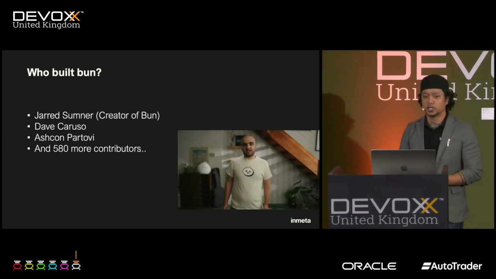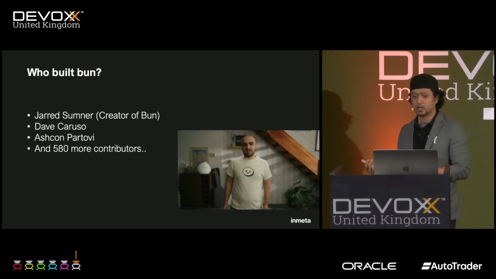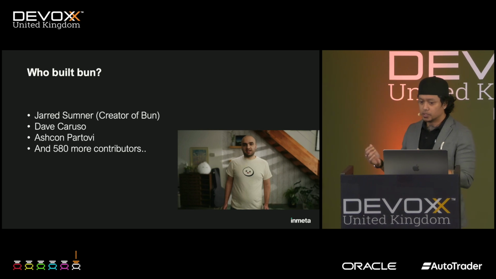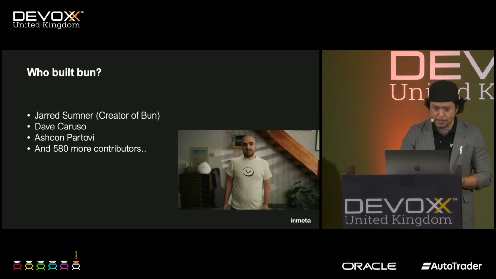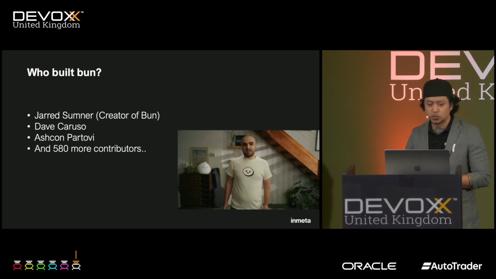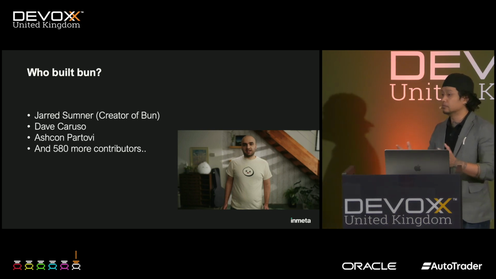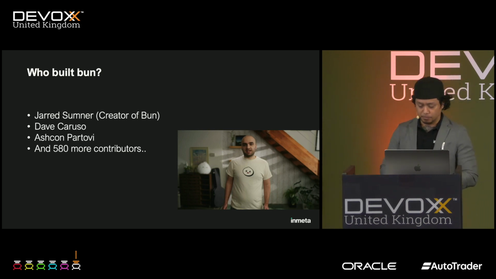we can now move to who built Bun. Jarred Sumner. This guy was responsible for this bundler and other things in it. And it's not only him. There's also Dave Caruso, Ashcon Partovi, and 580 more contributors in Bun.